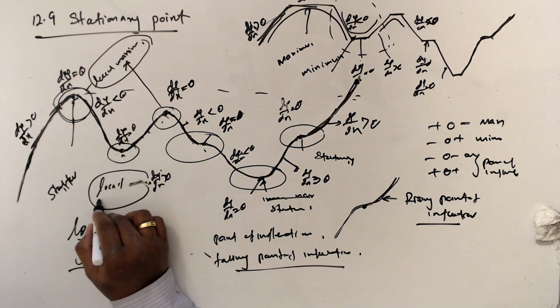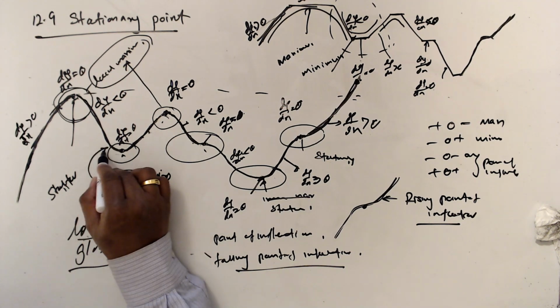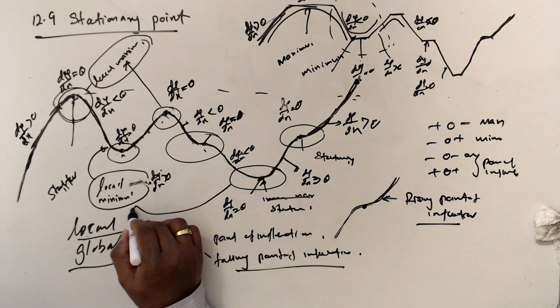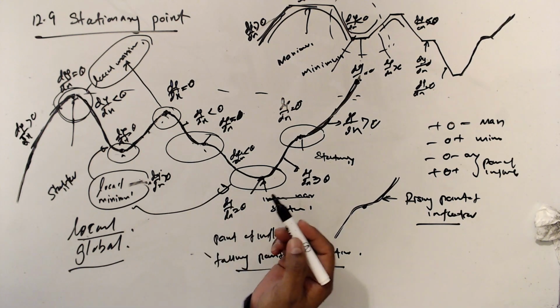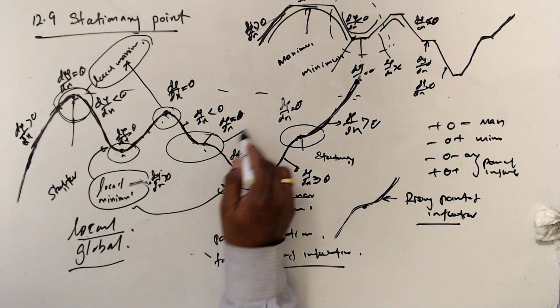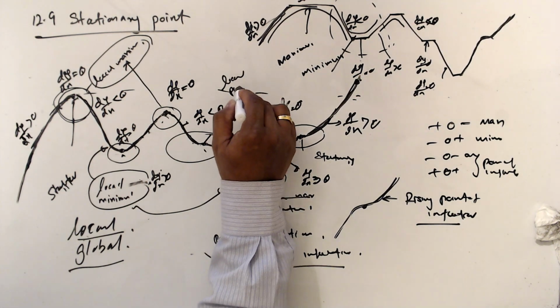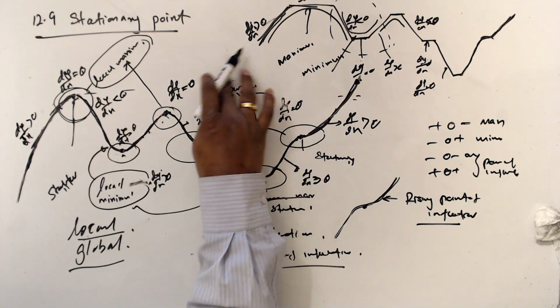What are the local minimums? This one and another minimum, this one. So those are the local minimums. So what are the local points of inflection? Yeah, there are two types, falling and increasing. This is a local point of inflection.